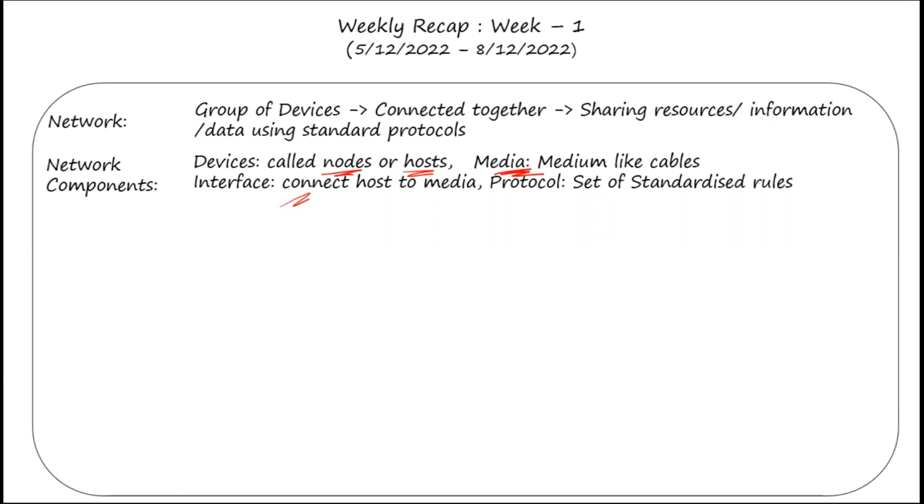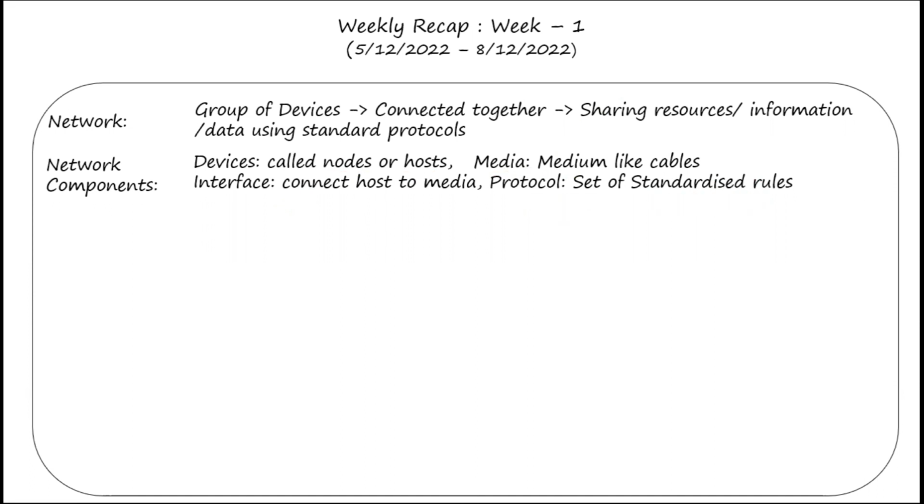On your laptop, there is a separate port wherein you enter your LAN cable. That particular port is a connection between your device, the laptop, and your medium, the LAN cable. That particular port which joins both of them is called the interface. And last, protocol, a set of rules. These are standardized rules. We cannot change them, we cannot alter them. So this was the second major topic.